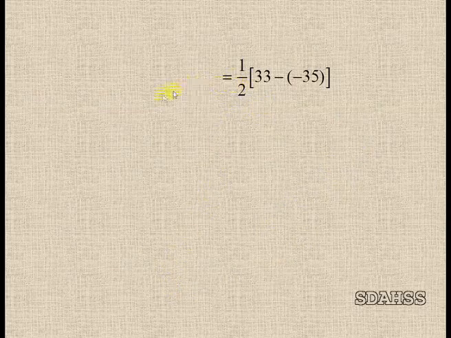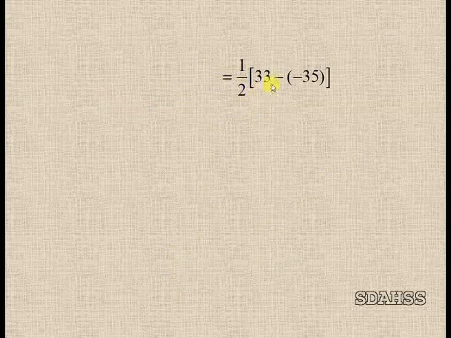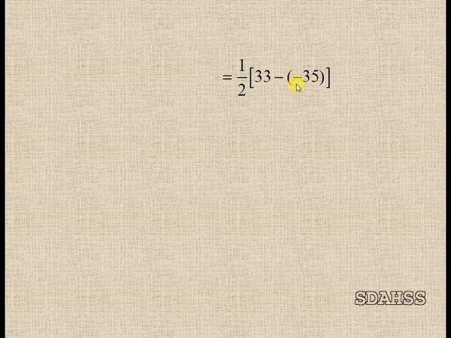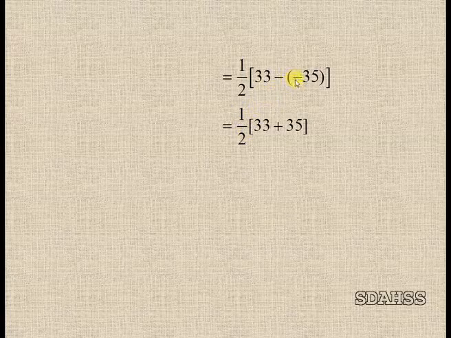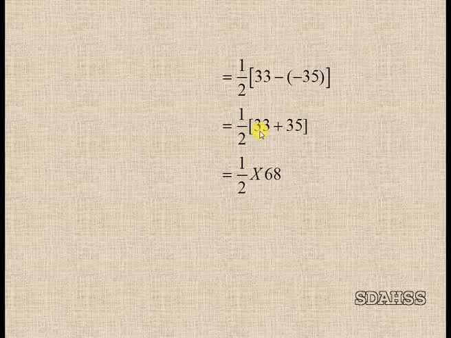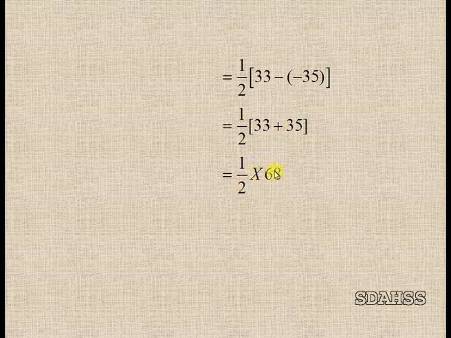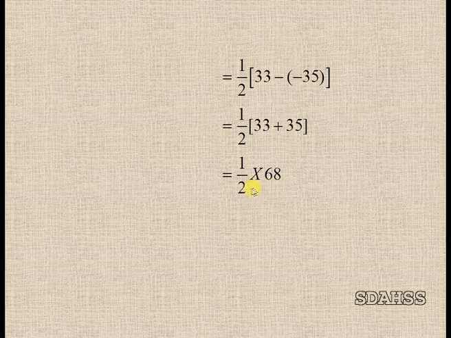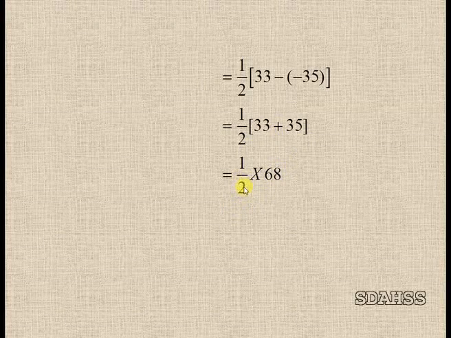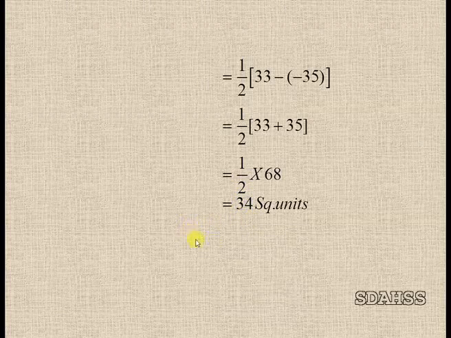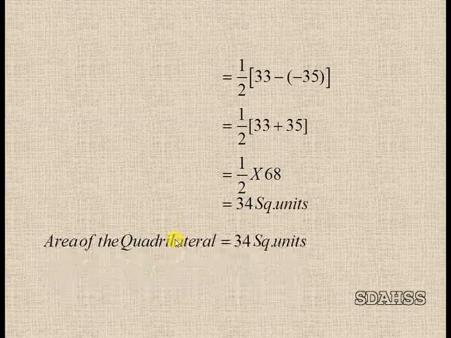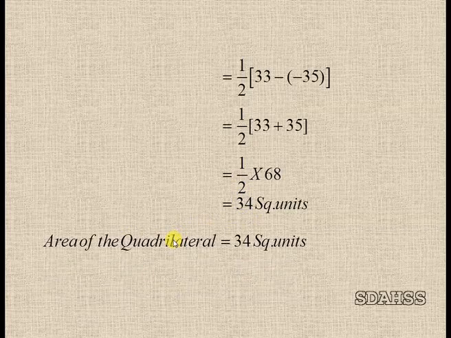Half into, after simplification you will get 33 minus of -35, which is half into 33 plus 35. 33 plus 35 is 68. Cancel the numerator and denominator by 2, then you have 34 square units. So area of the quadrilateral is 34 square units.